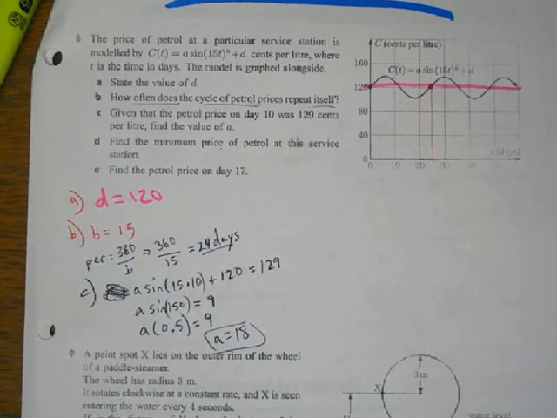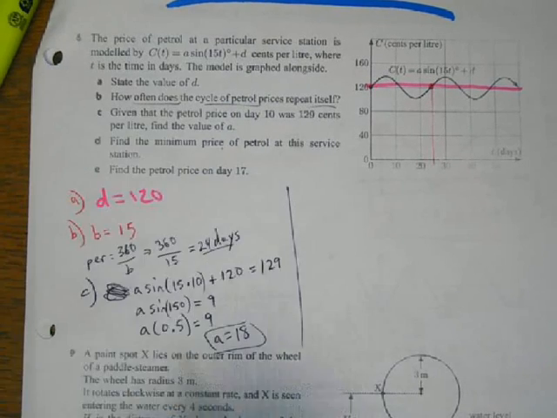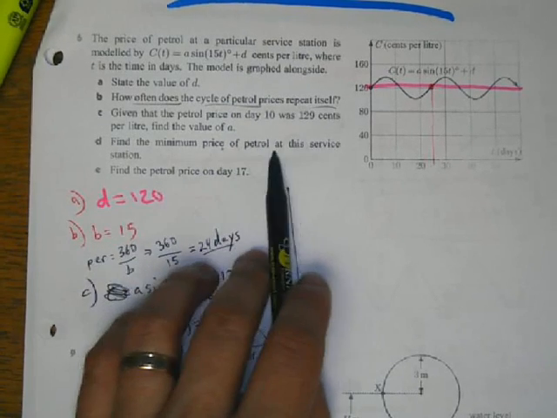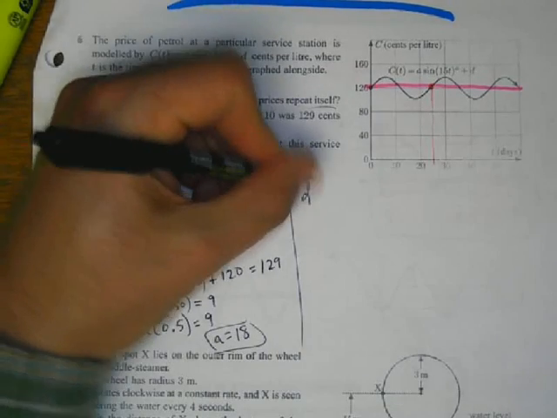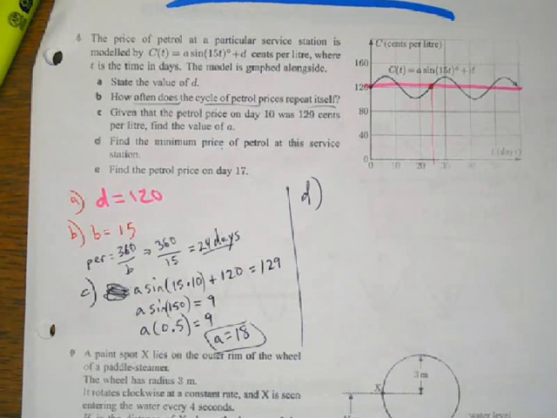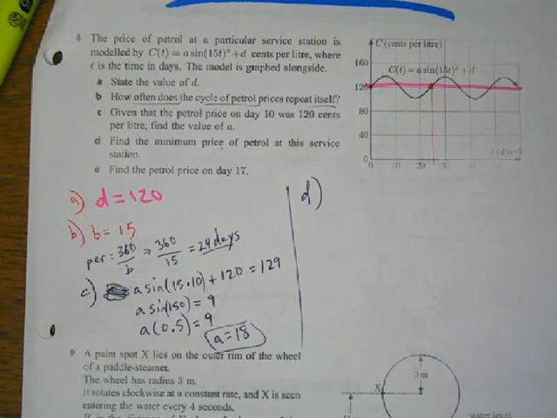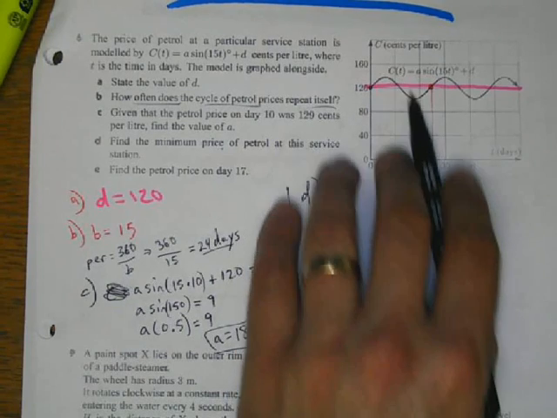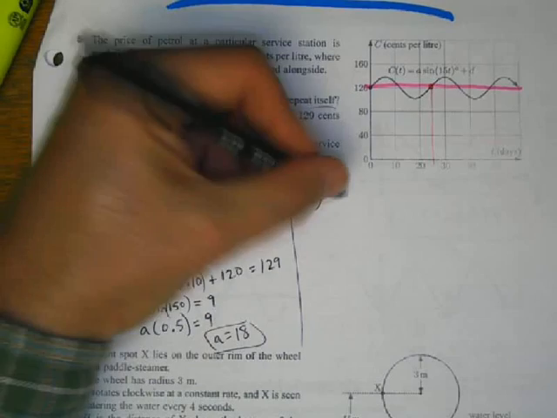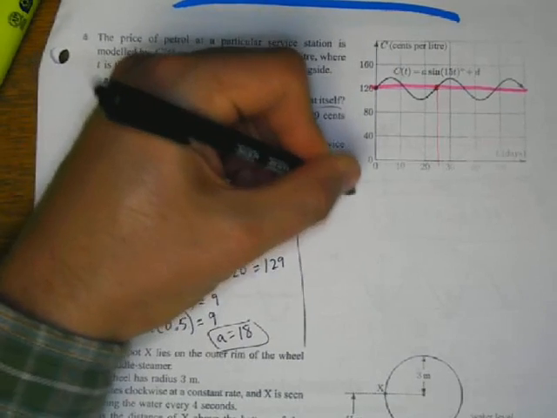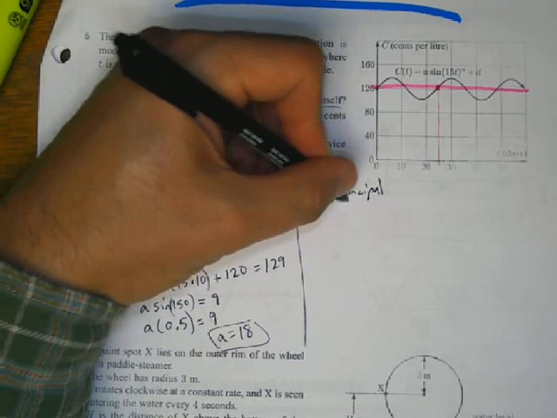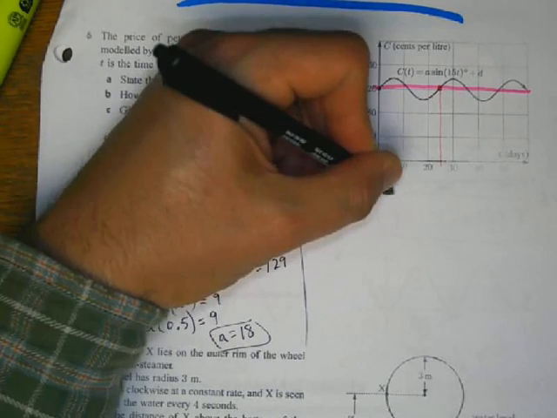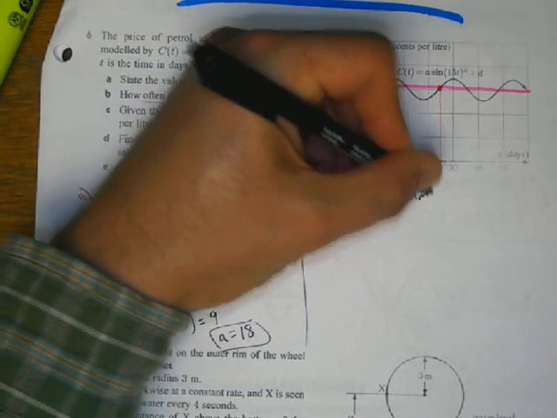Okay. Question D. Find the minimum price of petroleum at the service station. So the minimum is when we do our principal axis minus the amplitude, right?